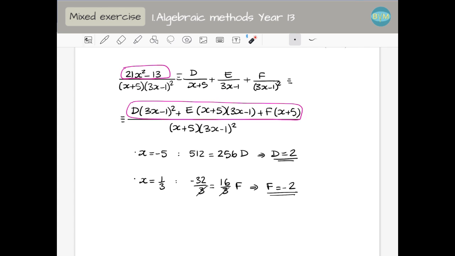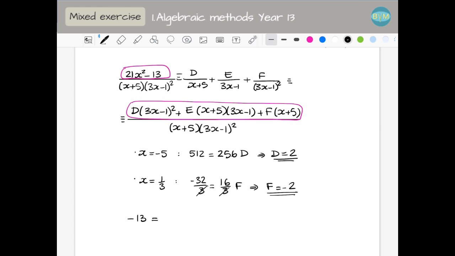We don't really need to expand the brackets fully. So if we compare the constant term on the left, the constant term on the left is minus 13.